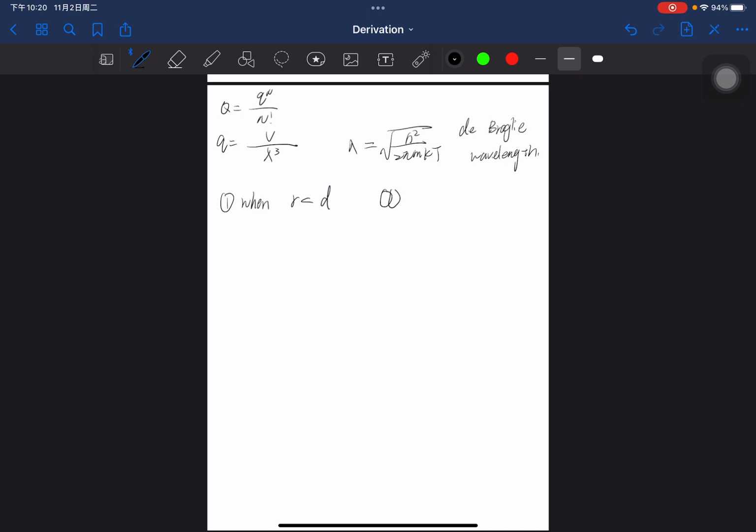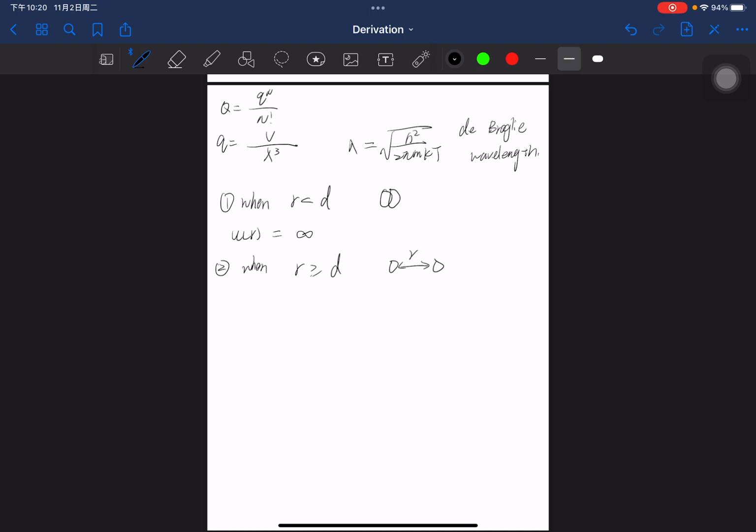That means the two particles overlap, and at that time the interaction between them becomes infinity. The second is when r is bigger than d, which means there is some distance between the two particles.